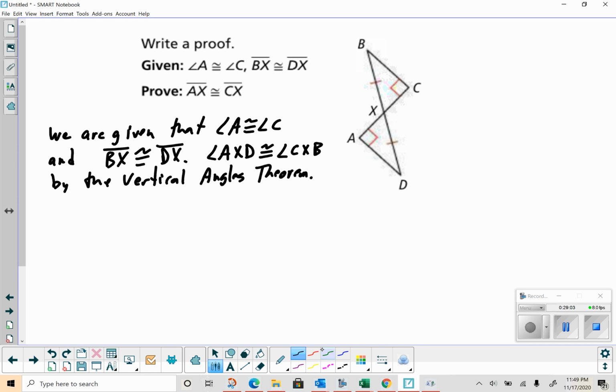And if I mark that on the picture, then we can say that triangle AXD is congruent to triangle CXB. Based on the markings, we get two pairs of angles, so this can't be side, side, side, and it can't be side, angle, side.